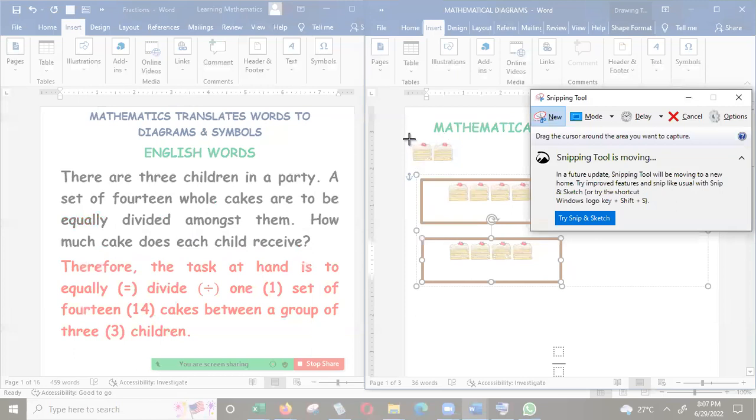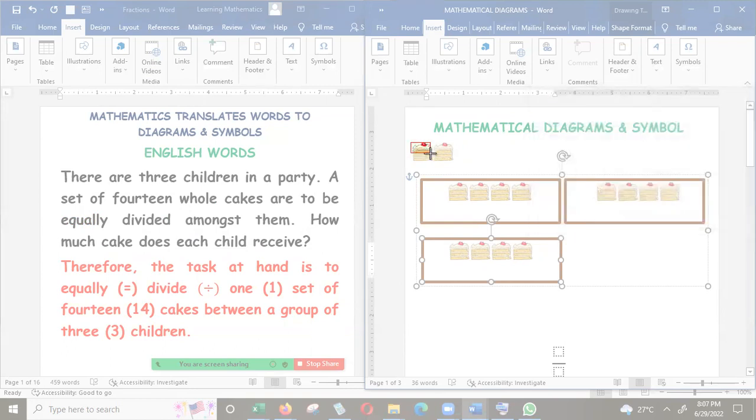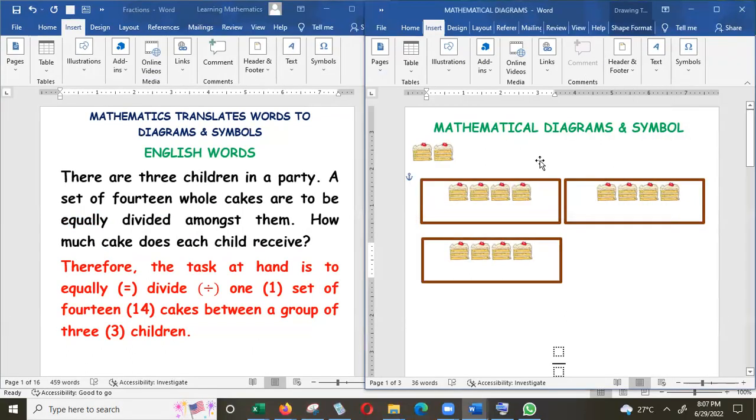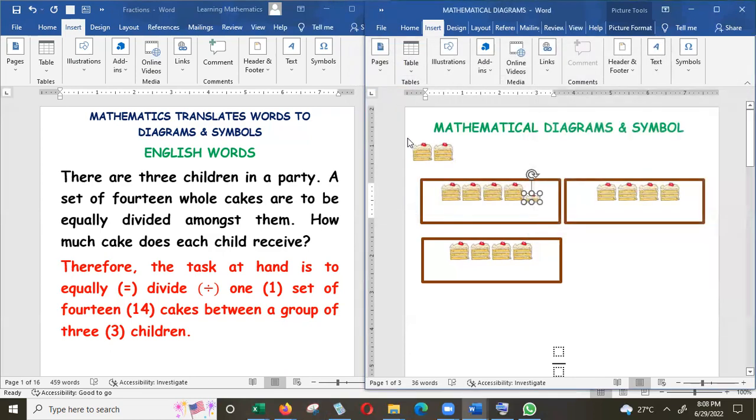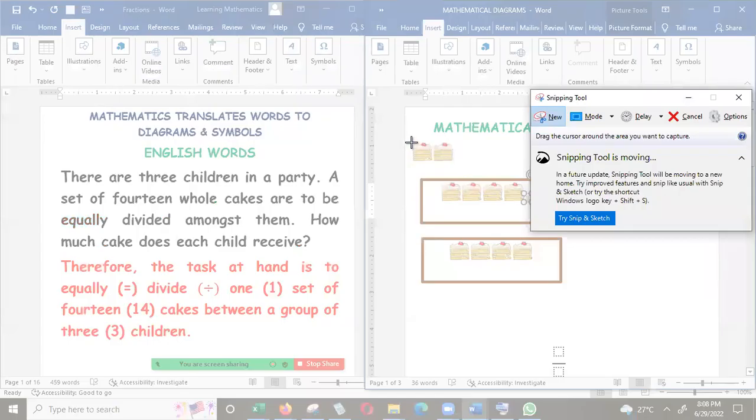So that's 1 out of 3 equal pieces. So that's not a whole cake right here. That cake is 1 out of 3, because we are slicing this cake into 3 equal pieces.